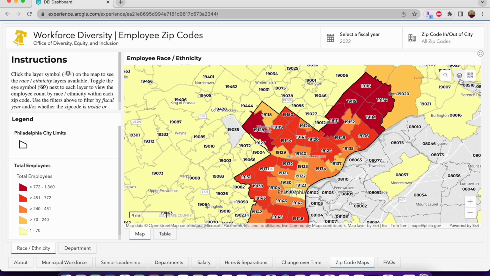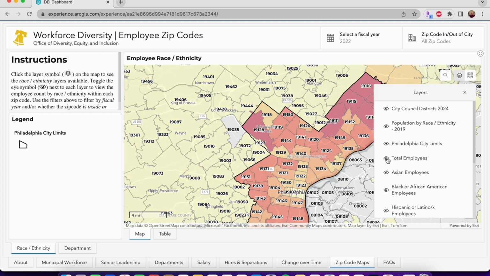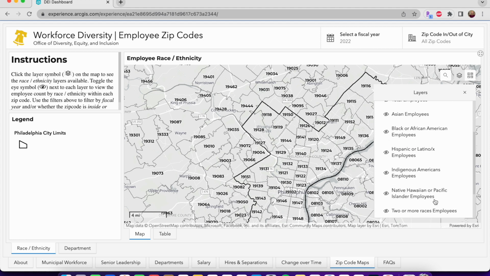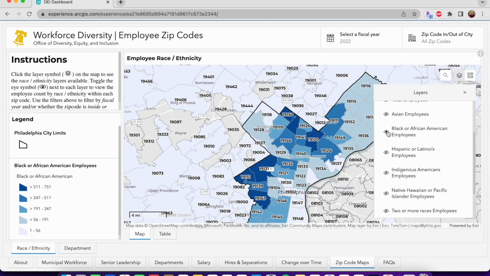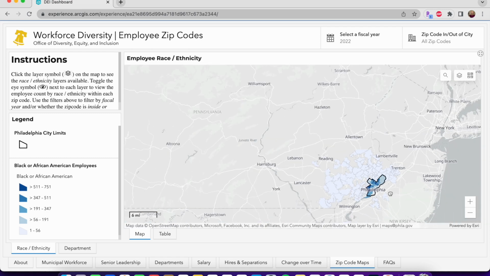And if you click this layer icon, the layers open up and we can close the total employee layer and pick a different layer. So this now is just showing all of the Black employees that live within certain zip codes of the city. Darker blue means more employees, the lighter blue showing less employees.